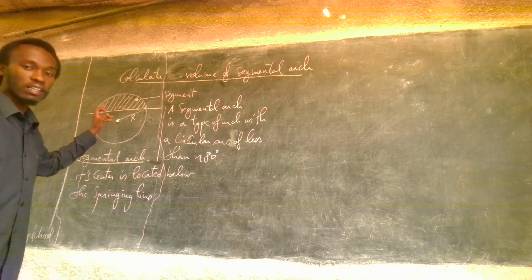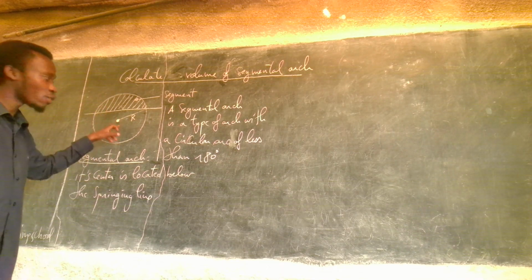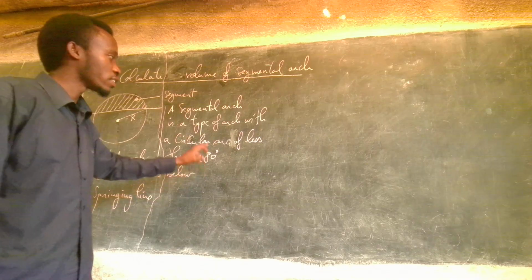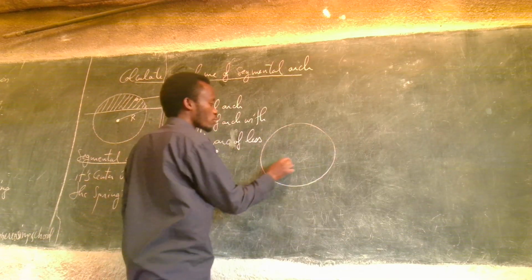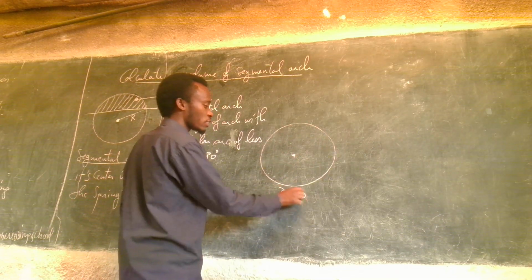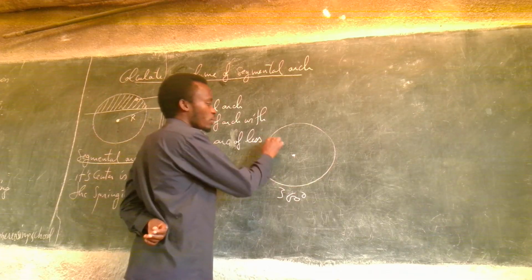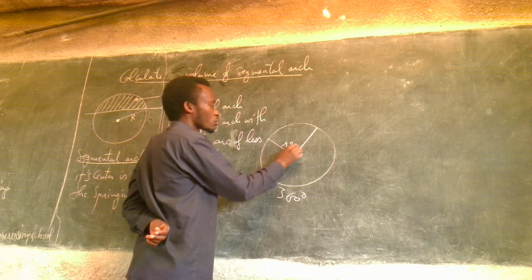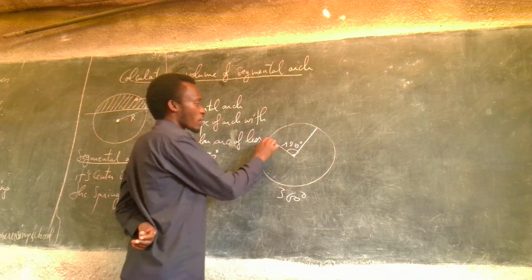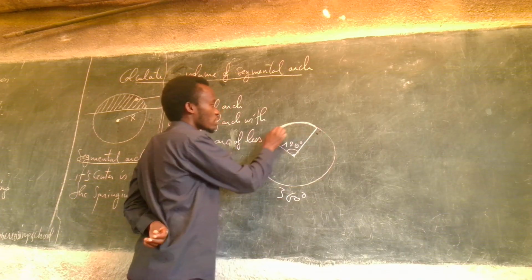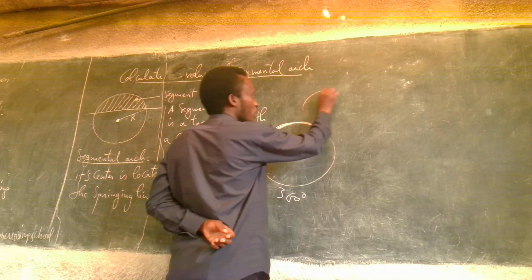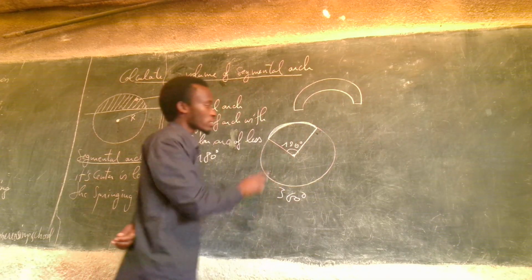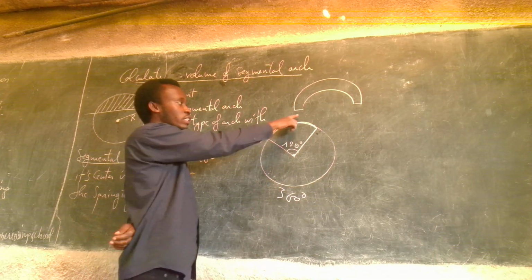It has an internal angle less than 180 degrees. If you take a circle of 360 degrees and make an arc of like 120 degrees, this is an arc. By forming this segmentary arch, we have an arch like this. This is a segmentary arch.